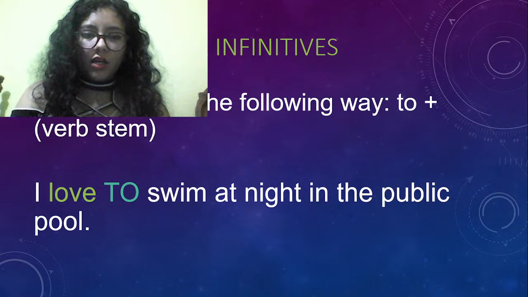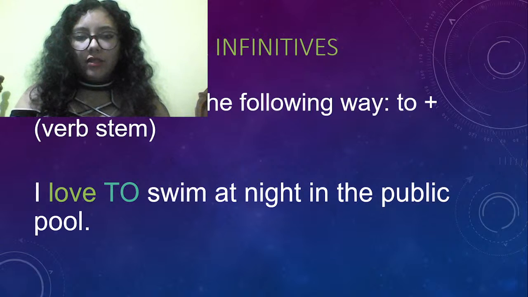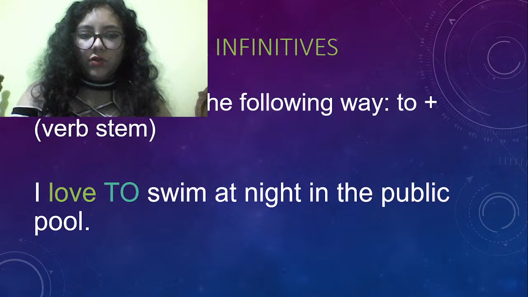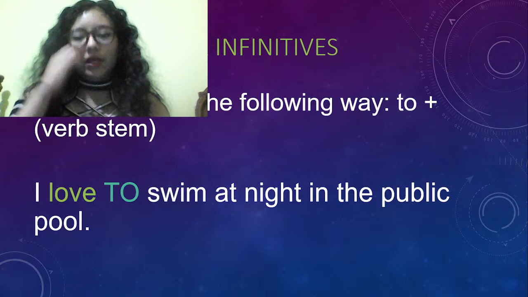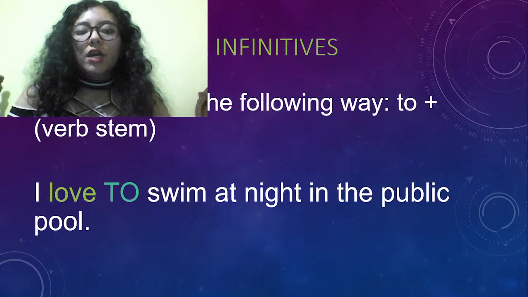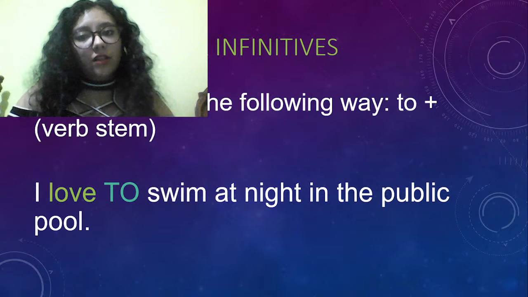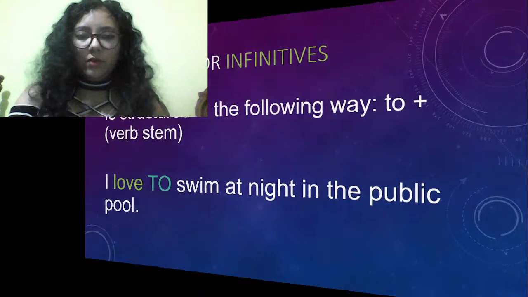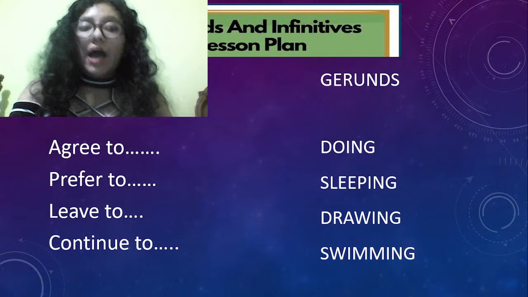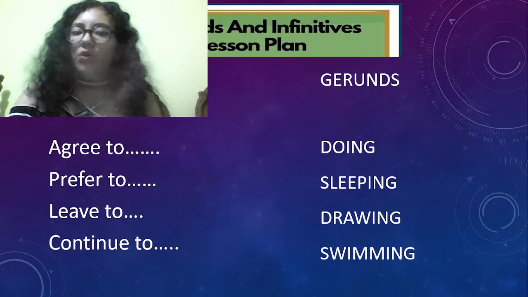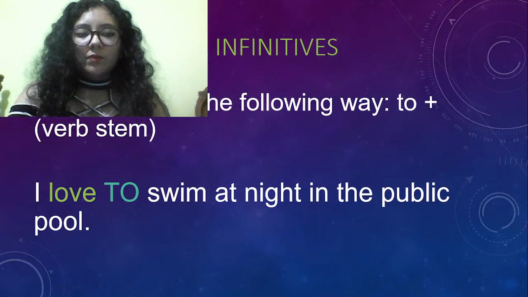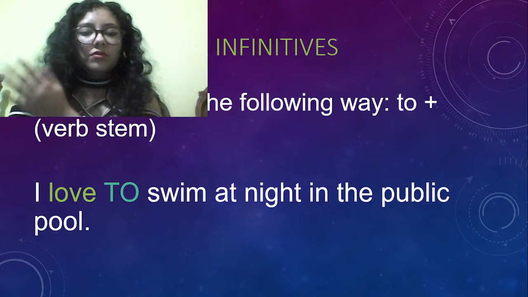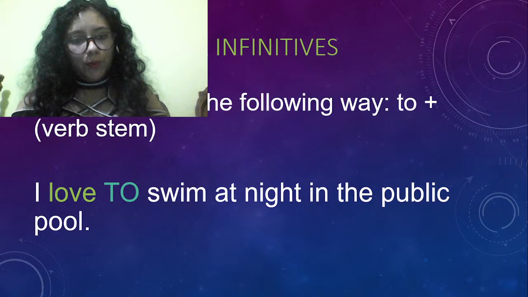In this sentence, you can see the infinitive we use is love, with to. Love to. So remember, infinitives: agree to other verb, prefer to other verb. And in this part, I love to swim at night in the public pool.